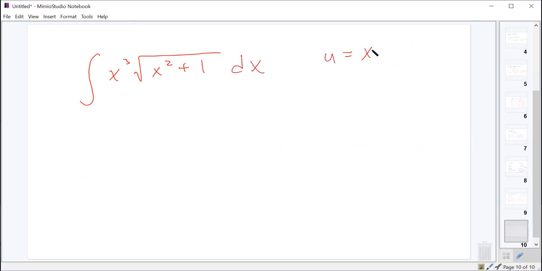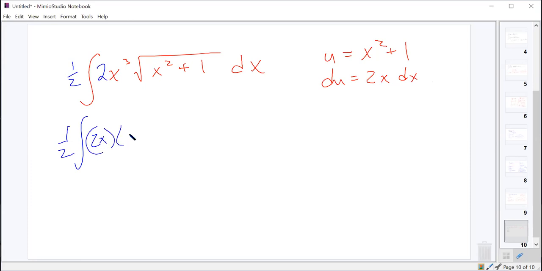So you end up with u equals x squared plus 1, and du is 2x dx. And then you note that you have an x cubed here rather than a 2x. So you can put in the 2 and the 1/2 and rewrite this as 1/2 the integral of 2x times x squared times u to the 1/2 dx.